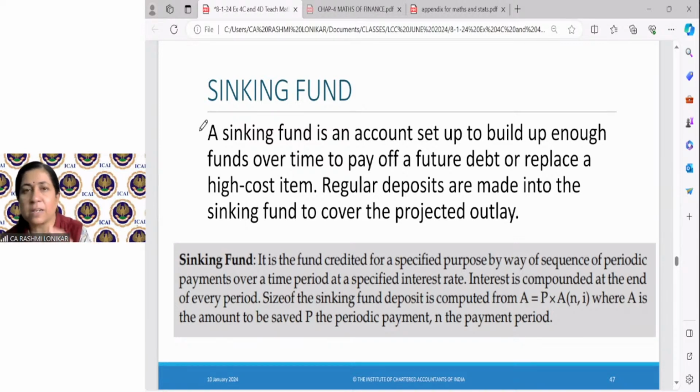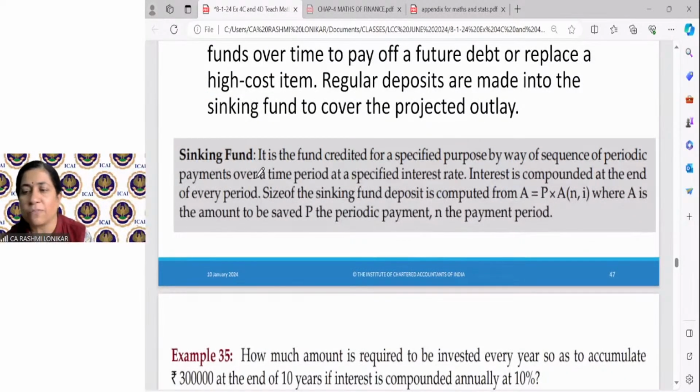Regular deposits are made into the sinking fund to cover the projected outlay. Regular deposit means what? There is an annuity element. Okay. Sinking fund, as per the book also, is the fund credited for a specified purpose by way of a sequence of periodic payments over a period of time.